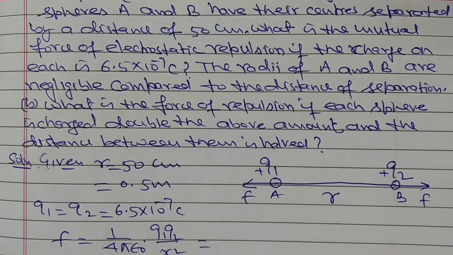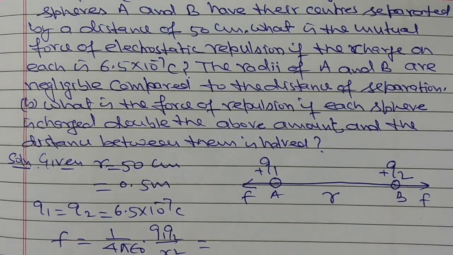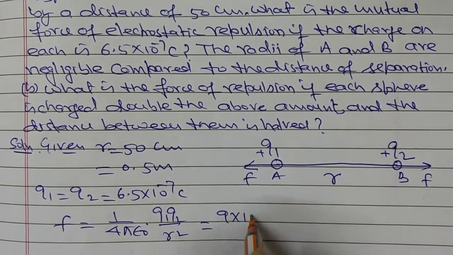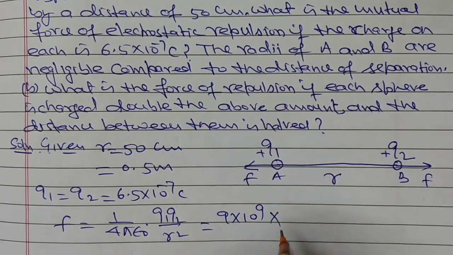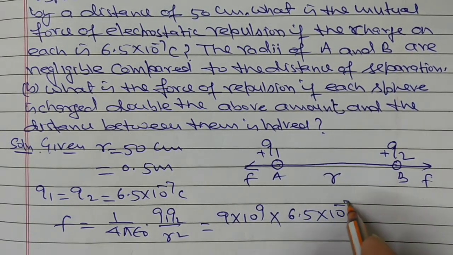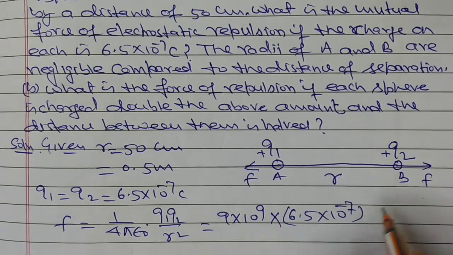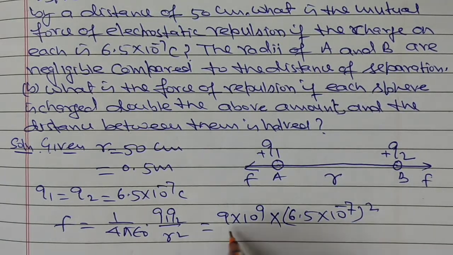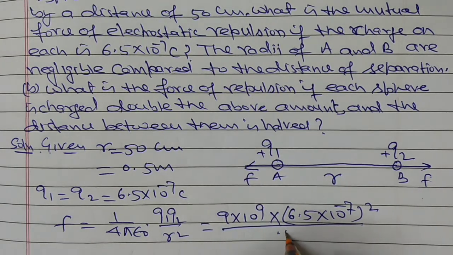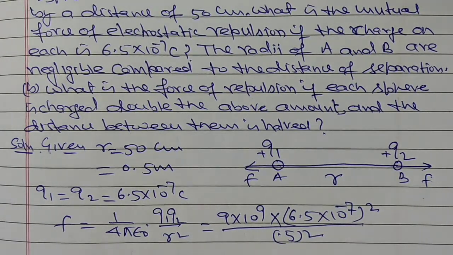Now on putting values, this 1/4πε₀ is equal to 9 × 10⁹, and charge Q1 is equal to 6.5 × 10⁻⁷ coulomb, and Q2 is same, therefore this whole square upon distance R is equal to 0.5 square.